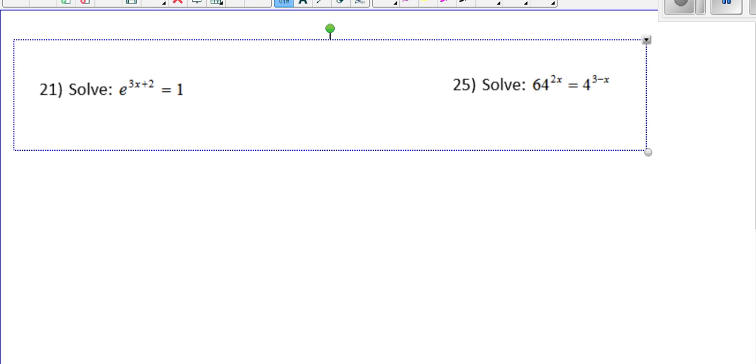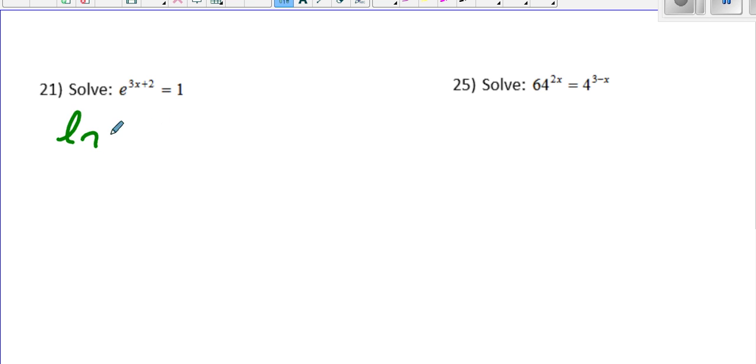Now, solving these out, very similar to what we were doing. When it's an e, you have to log to get the exponent down. So you turn it to natural log. And then you just flip the exponent with the equals. That's what log does. It solves for the exponent. Logs ask what's the exponent.